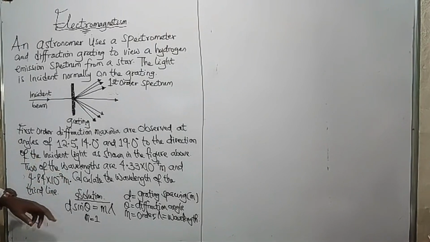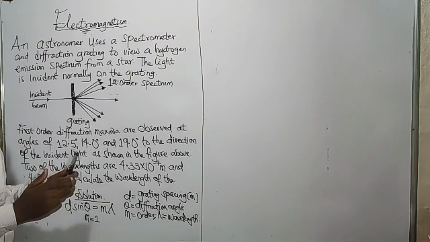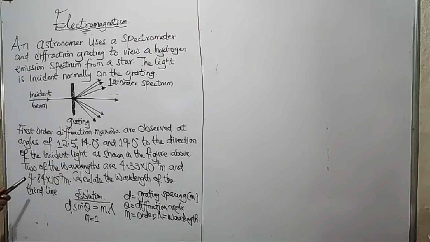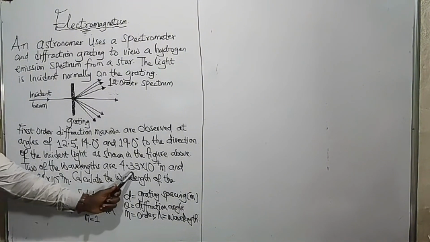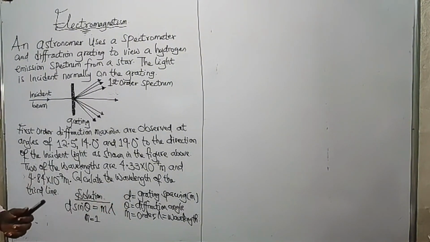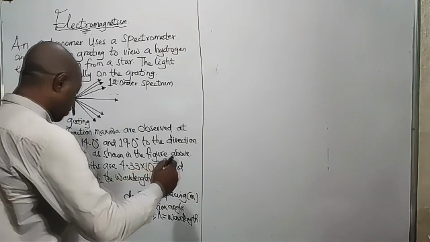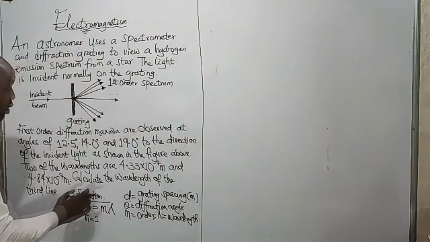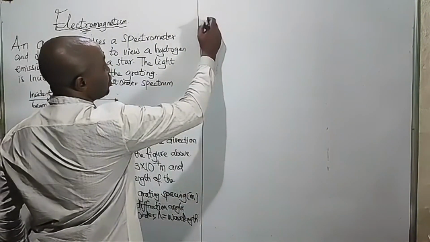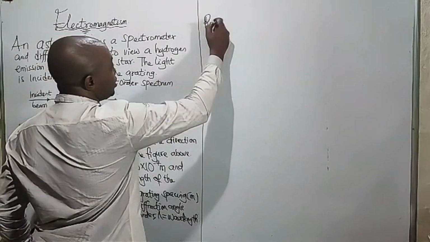So let's first calculate d1 for wavelength 1, which is 4.33 times 10 raised to the power of minus 7 meters, and also d2 for wavelength 2, which is 4.84 times 10 raised to the power of minus 7 meters. In this case, we can rearrange the equation.